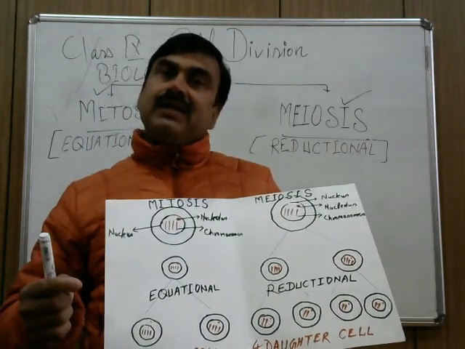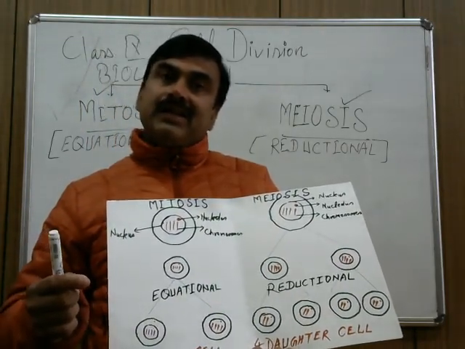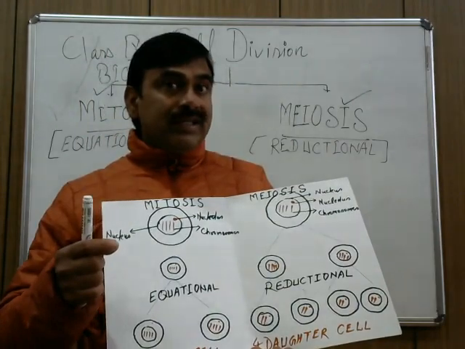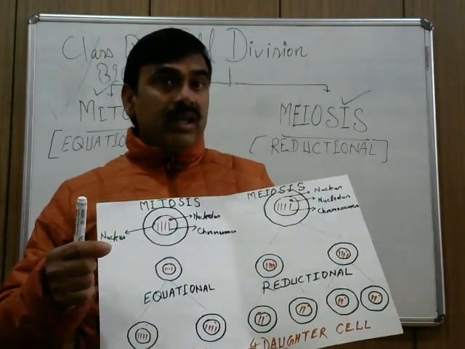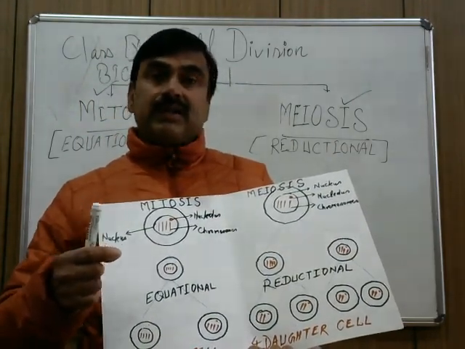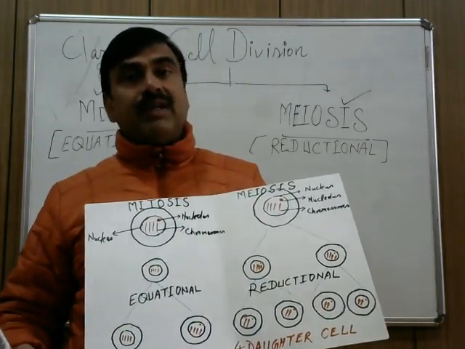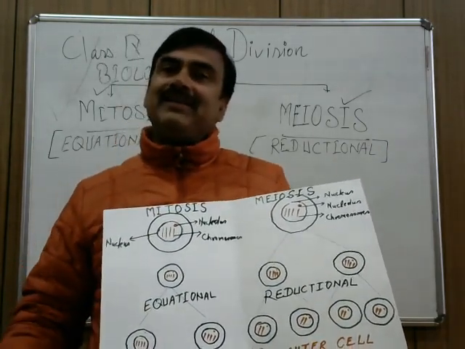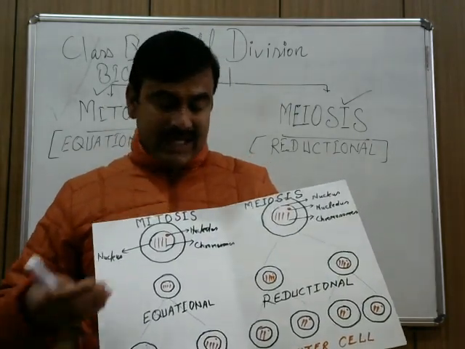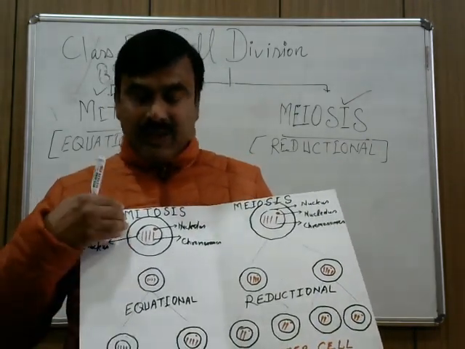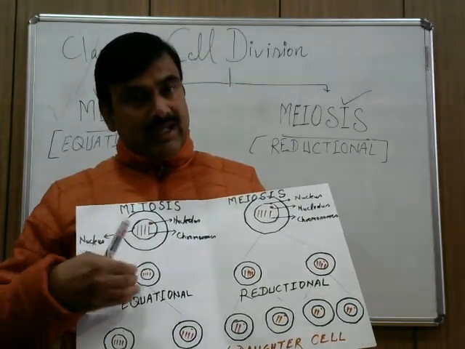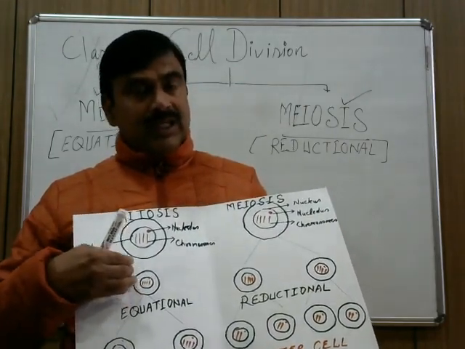Every cell divides. It's a natural phenomenon, because when they do not divide, the cell will die. It's a characteristic of living beings. Every cell grows and divides, and that is why I am explaining cell division, mitotic cell division and meiotic.